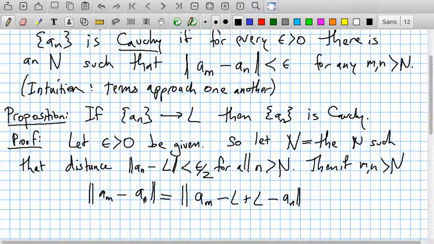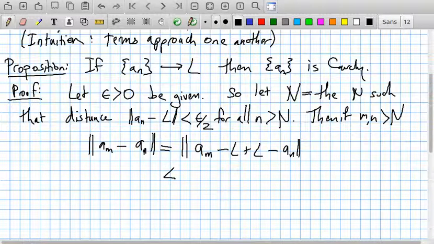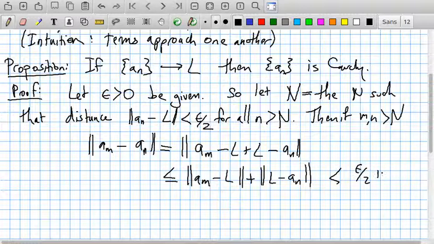And then I'm going to use the triangle inequality. And then I'm going to make the observation that each of these is less than epsilon over 2, which is less than epsilon. Perfect. Alright, so Cauchy sequences show up whenever you have a sequence that has a limit, but the converse is not true.